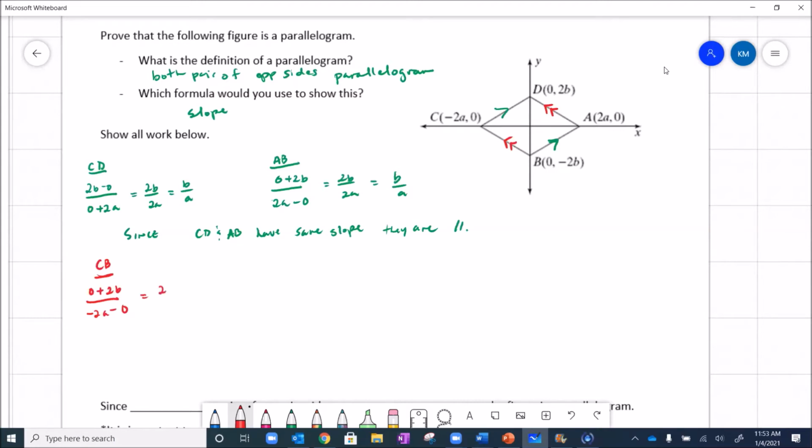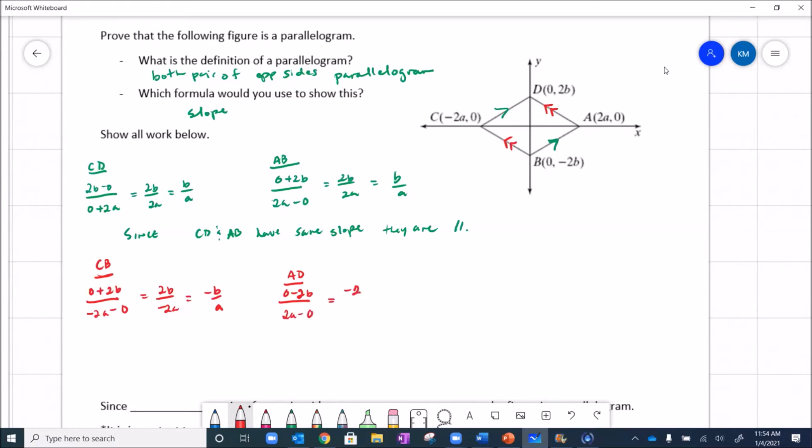So I get 2b over negative 2a, and I simplify, and that gives me negative b over a. And I do the same thing with AD here. For that, I'm going to put 0 minus 2b over 2a minus 0.